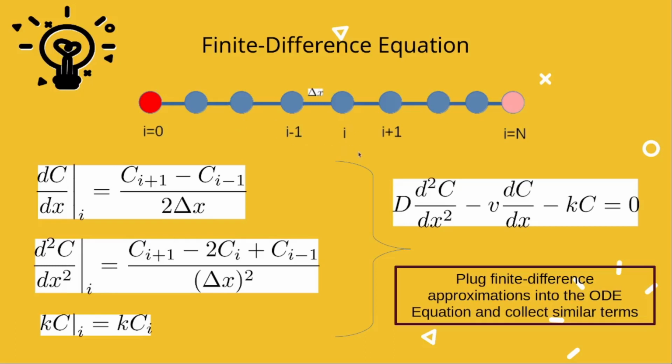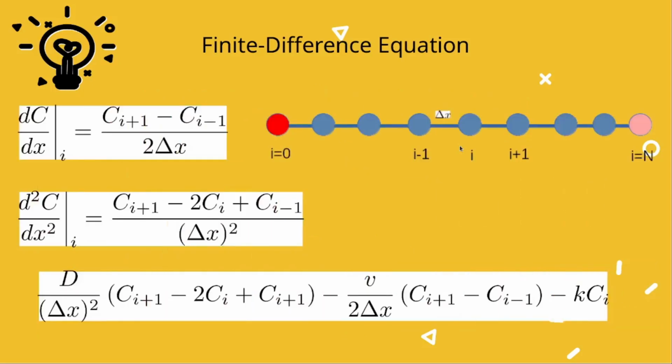So I can take this i minus 1, i, and i plus 1, and essentially put it here, i equal to 1, and then move it all the way till i is equal to n minus 1, because I know the concentration at i equal to n. So essentially, that is how I'm getting the two derivative terms.